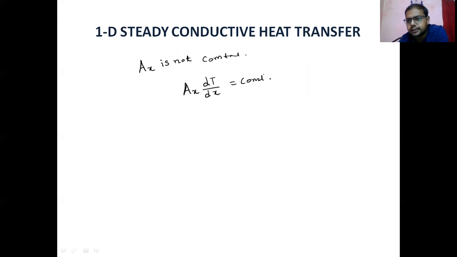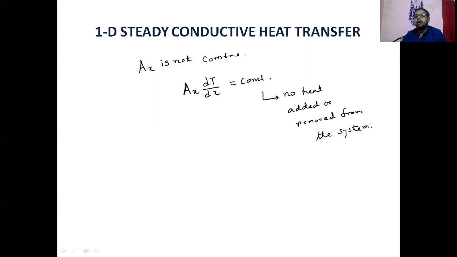It is obvious. Ax dT/dx is constant if there is no heat added or removed from the system. If there is no heat added or removed from the system, this is constant always.